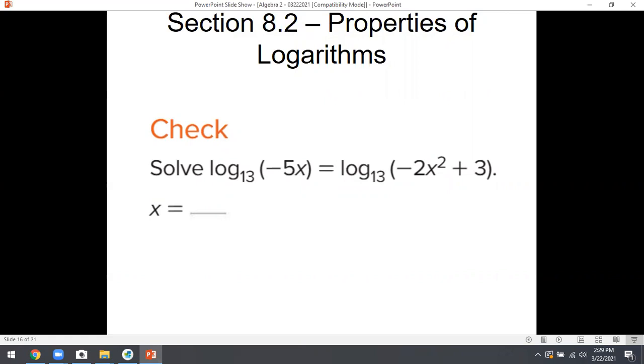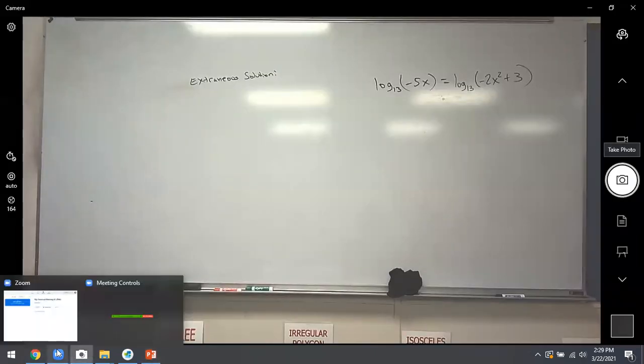Log base 13. All right, here we go. Ready?